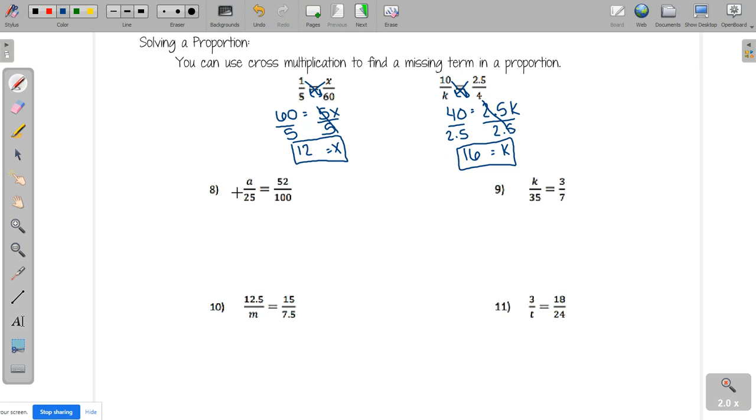Okay, let's try these problems. Let's cross multiply. A times 100 is 100a. 52 times 25 gives us 1300. Divide both sides by 100.